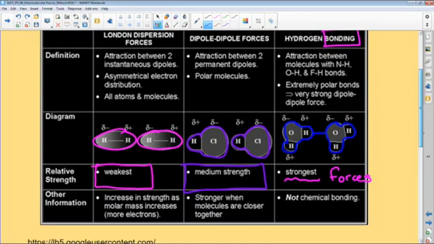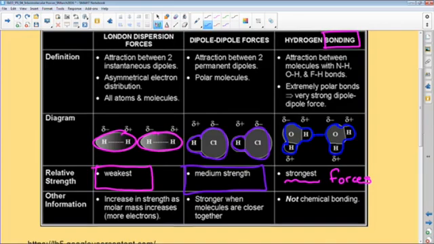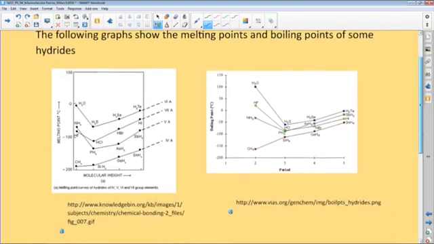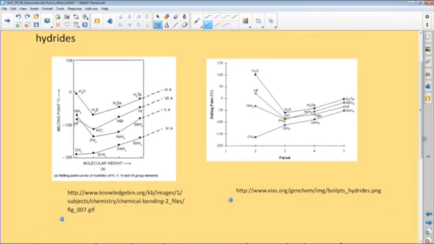So let's have a look at a sort of question that you can expect to answer in a section like this. Talking about hydrogen bonding, a hydride is anything that bonds to a hydrogen. What we've got are melting points over here and boiling points over there. Look at the trend, in other words, the pattern.